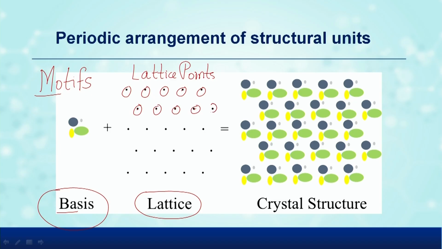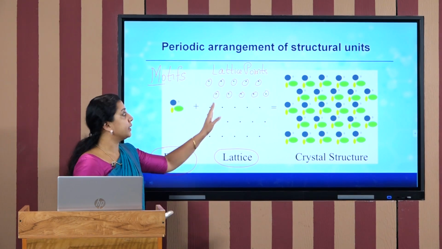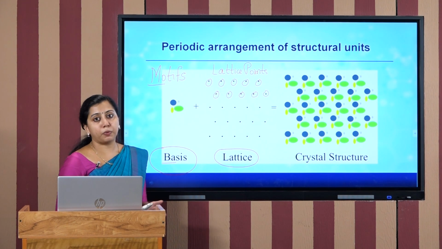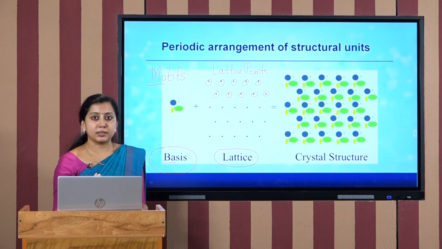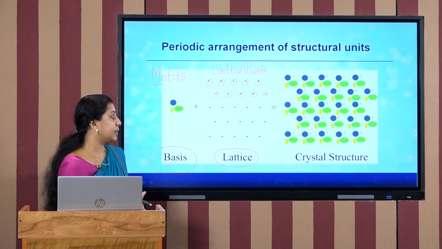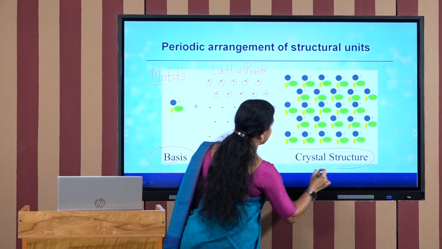So, what happens? The basis is occupying each of the lattice points. So, when each of the lattice points is replaced by any of the structural units, whether it is replaced by atoms or ions, then we will get the three-dimensional crystal structure.